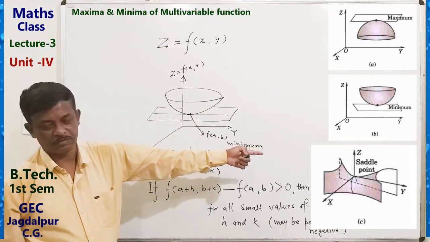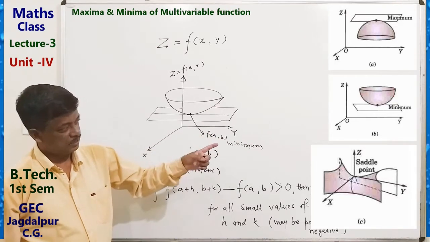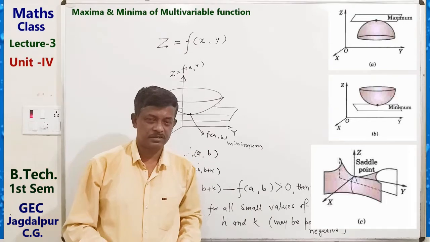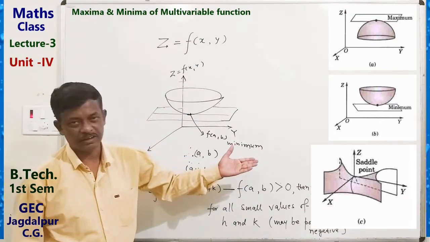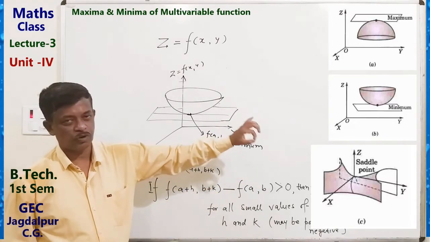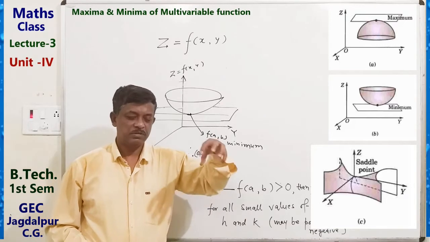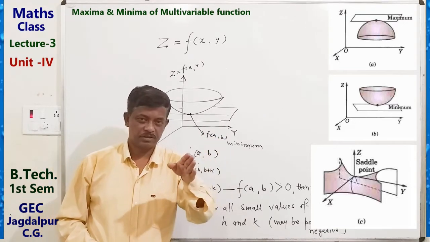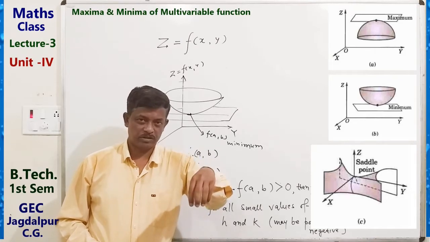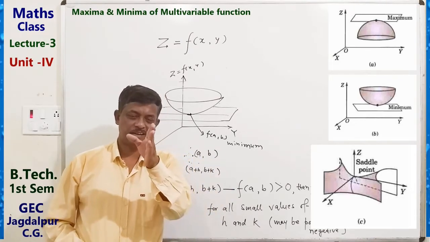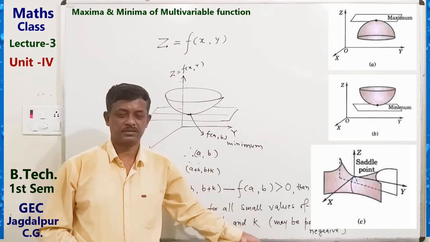In the third diagram you can see, just like a leather seat on the back of a horse, just see the diagram. There may be some point on the surface where around that point the surface ascends in one direction and descends in another direction.